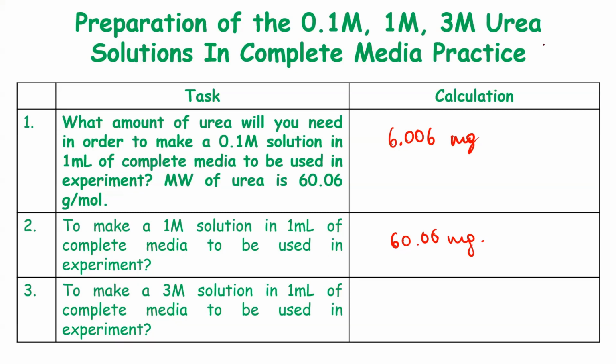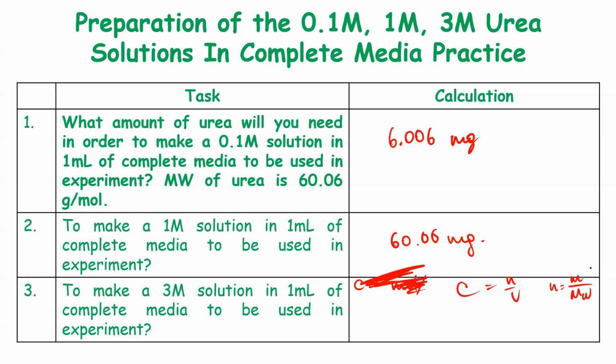So first of all, concentration is equal to mole over volume, n over V. Again, concentration is equal to n over V. n in our case equals mass over molecular weight.